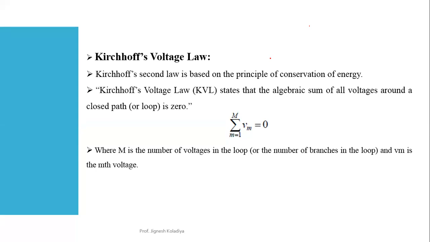In the first law, we talked about the current, right? It is given by summation of m equal to 1 to capital M, Vm is equal to 0, where M is the number of voltages in the loop or the number of branches in the loop, and Vm is the mth voltage.